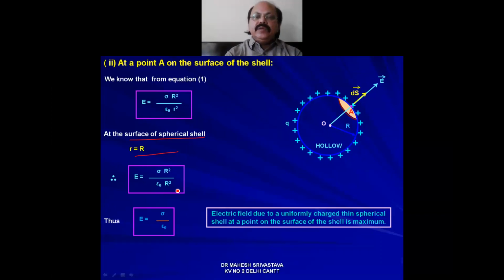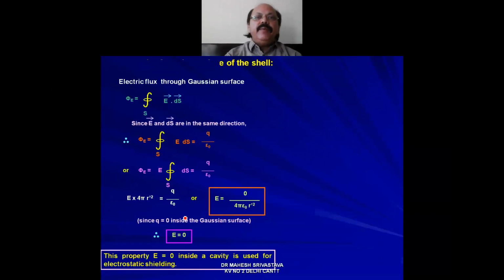Capital R square gets cancelled, then E equal to sigma upon epsilon naught. This is the maximum electric field intensity at the surface of the spherical shell. So the electric field intensity due to a uniformly charged thin spherical shell at a point on the surface of the shell is maximum. Now we calculate the electric field intensity at a point inside the spherical shell.